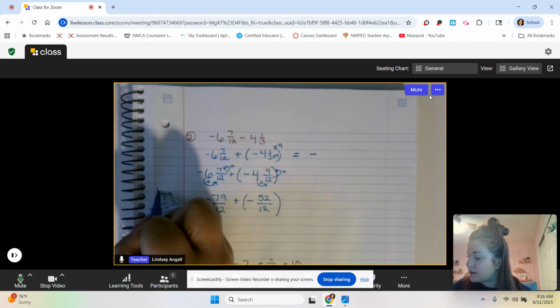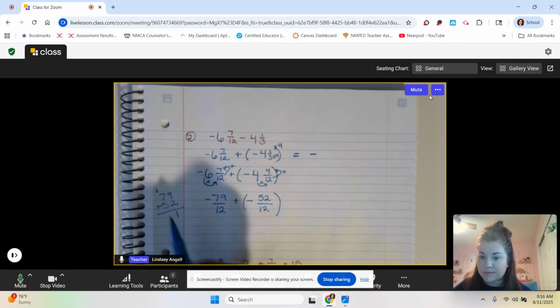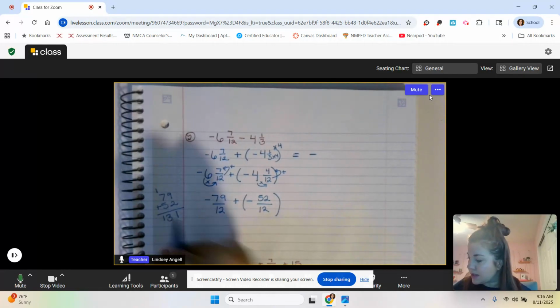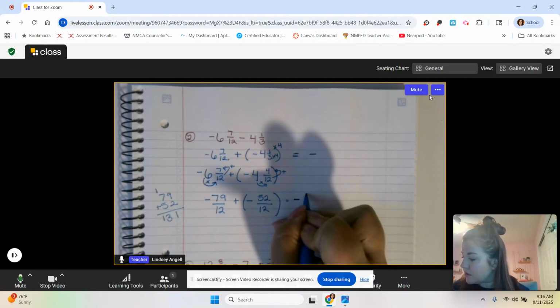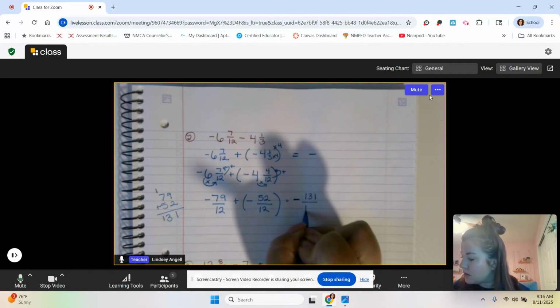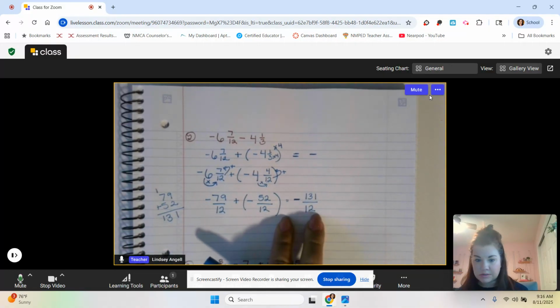Drop my 1. Carry my 10s. 1 plus 7 is 8. Plus 5 is 13. So that gets me to, remember my answer is negative, 131 over 12. Okay? You don't do anything with those denominators. They stay the same throughout.